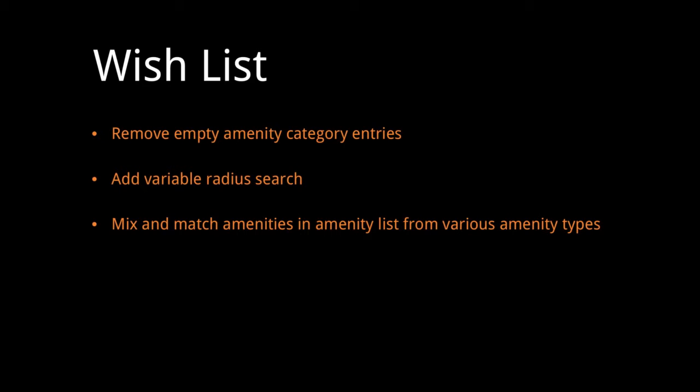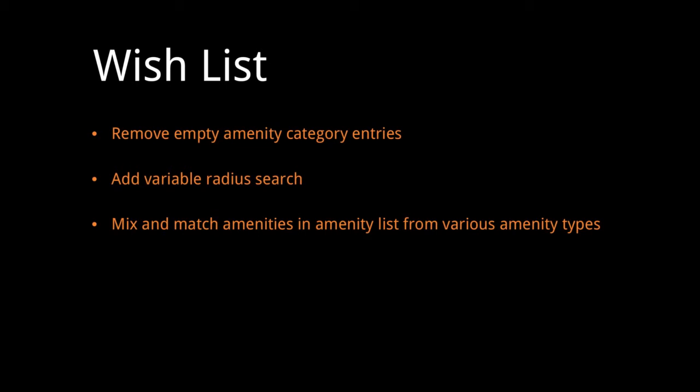Sometimes when you clicked on an amenity category, there were no amenities underneath it because there are no amenities near that property. So I would like a way to remove those empty amenity categories from the details page, so the user can't even click on them to begin with, and they're not disappointed when they click and see nothing. So that's one thing I would like to see implemented, and I wish that I could have implemented during the semester.